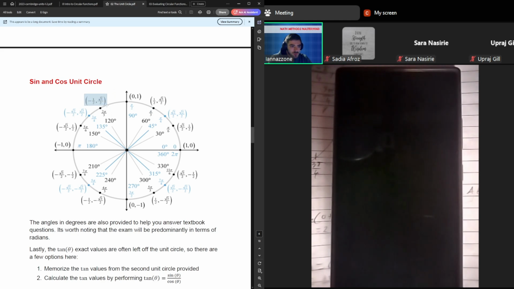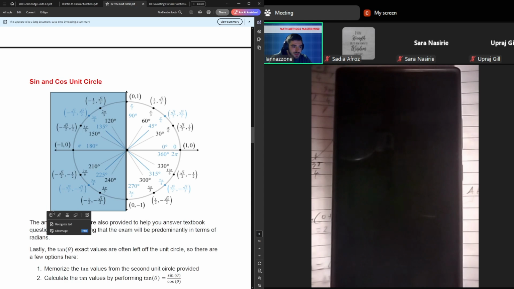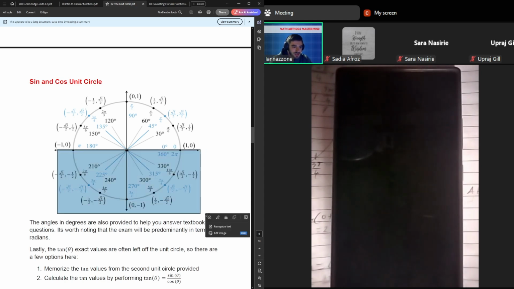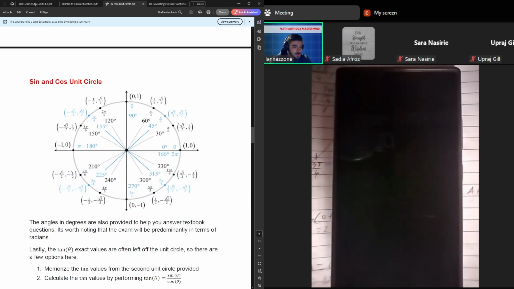Reminder that these are xy pairs. So essentially, if you're on the left side of your y-axis, all those x values should be negative. Right? Anything on the left is always a negative x, which is why you'll notice there's a negative on all of these. Also, anything below the x-axis should have a negative on the y, since that's where negative y values go, which is why, again, there's going to be a bunch of negatives here.